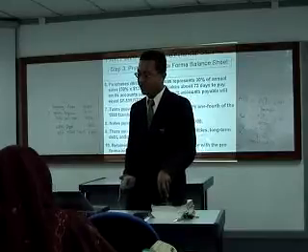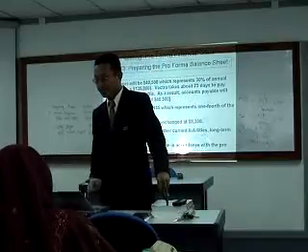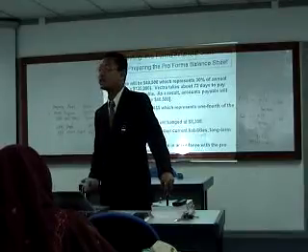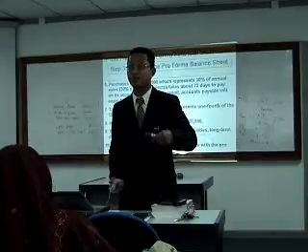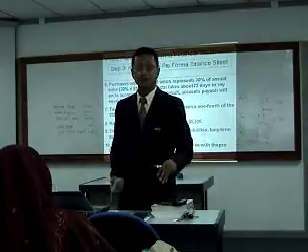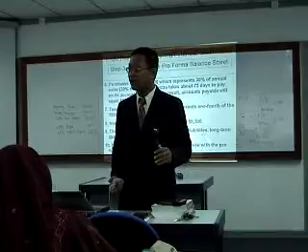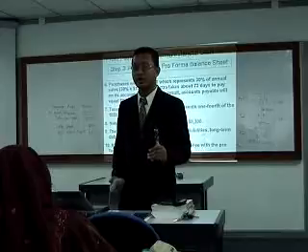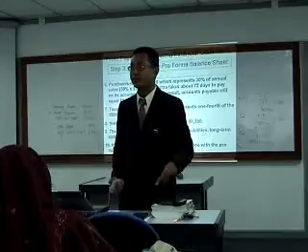The last one will be retained earnings will change in accordance with the pro forma income statement. Because for retained earning, you have the previous retained earning plus net profit, then you less the total cash dividend paid out, then you can get the balance of your retained earning for that forecast year.